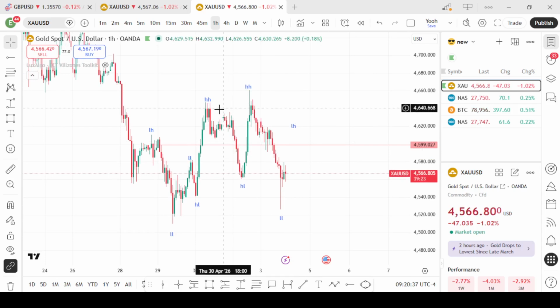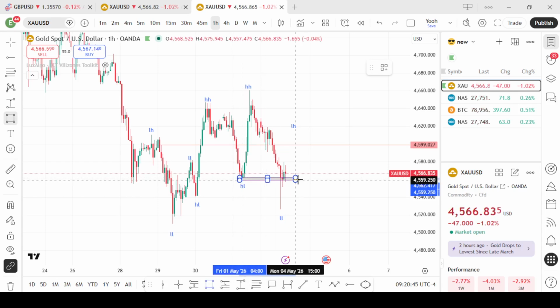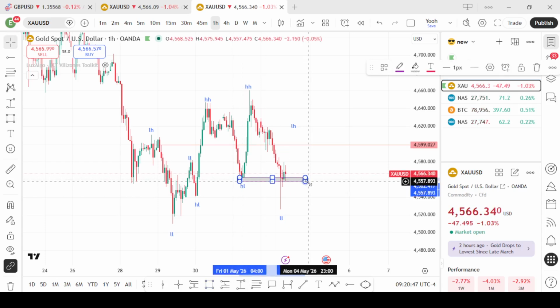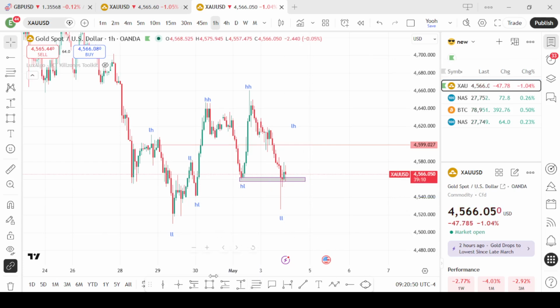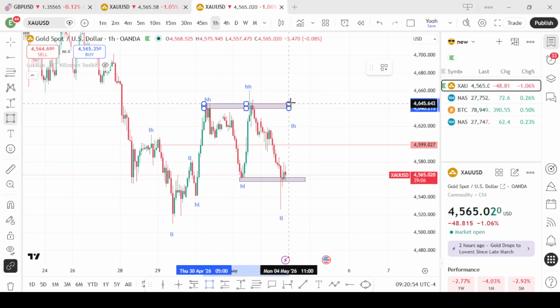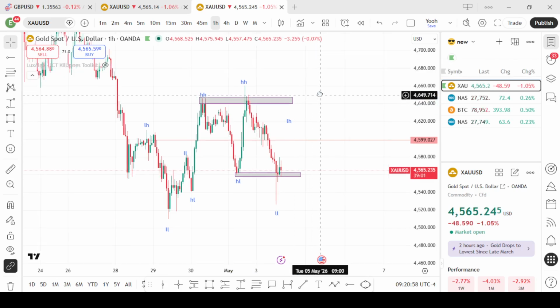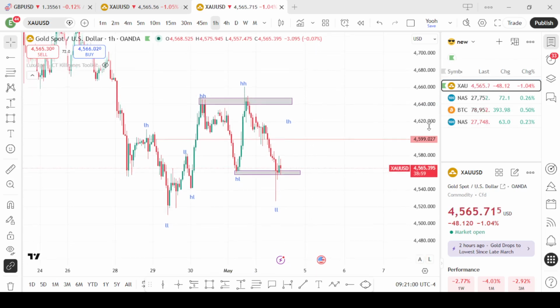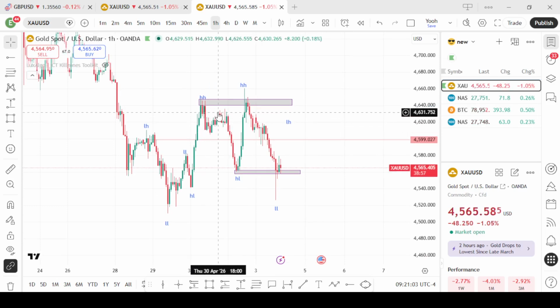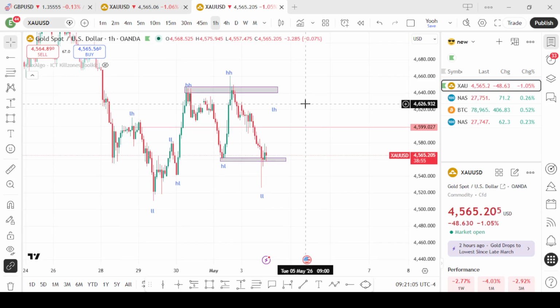now we can clearly see, let's see our levels. These are our current levels.